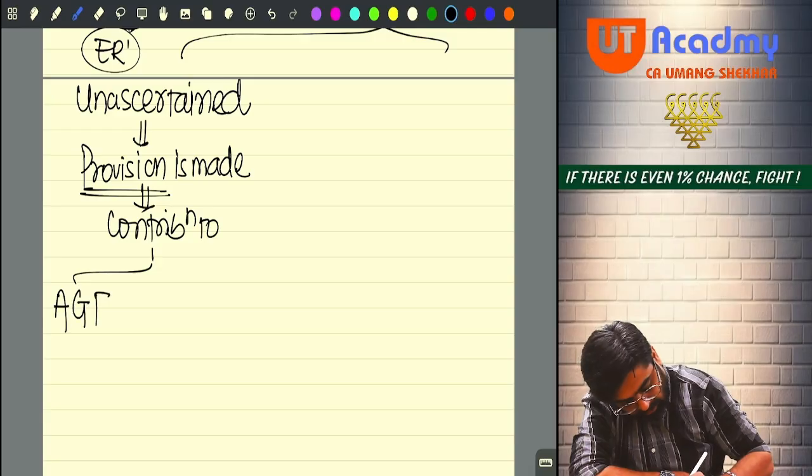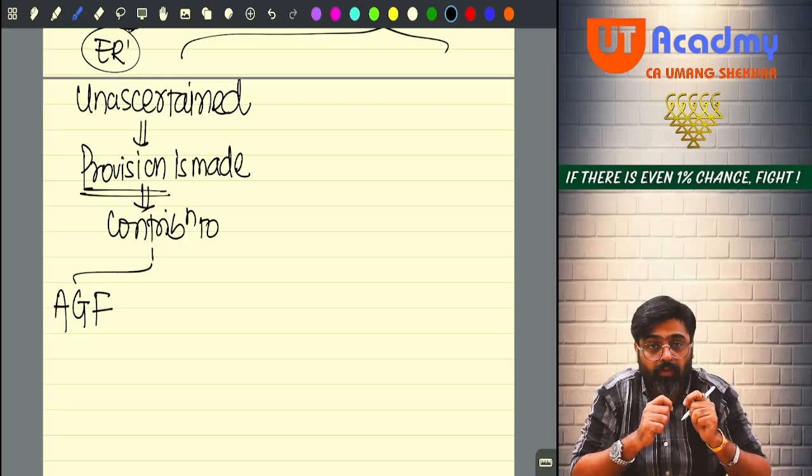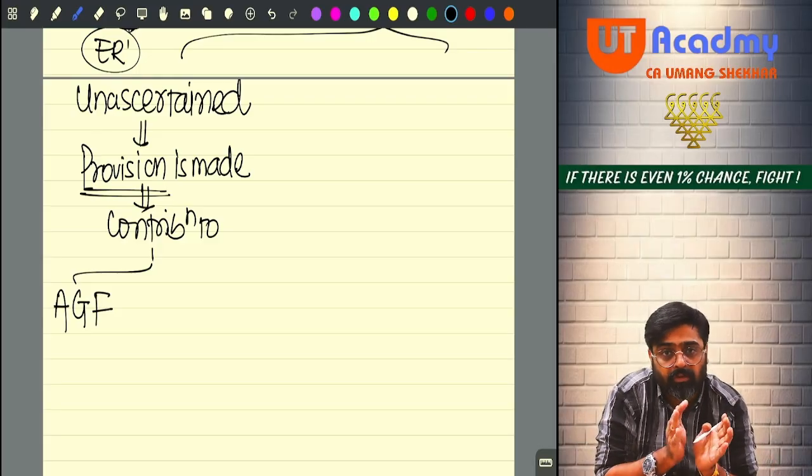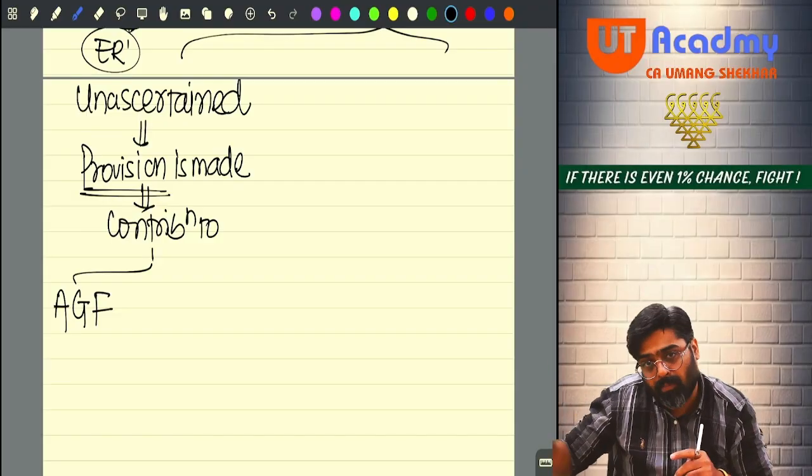Approved gratuity fund. AGF means, I'm not writing KGF, it is AGF. A means approved, G means gratuity, F means fund. Whatever amount from this year's business profits I keep aside, I will contribute in the approved gratuity fund.